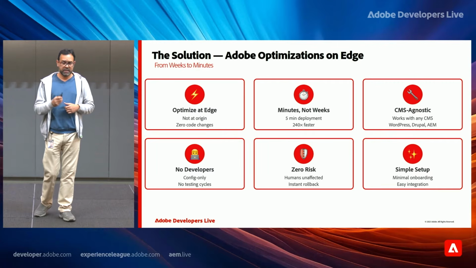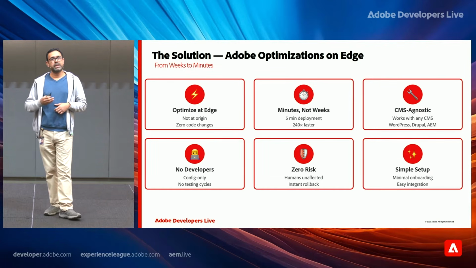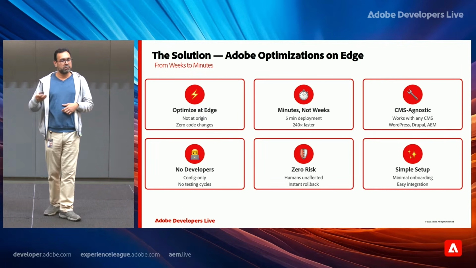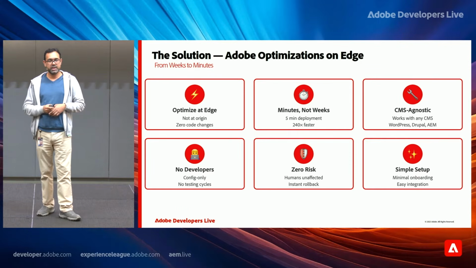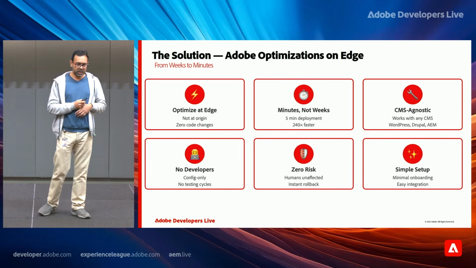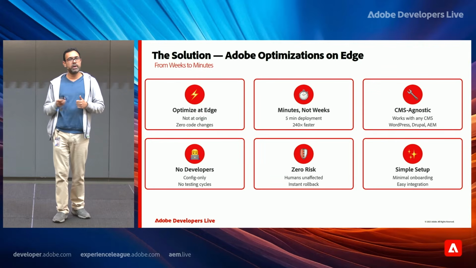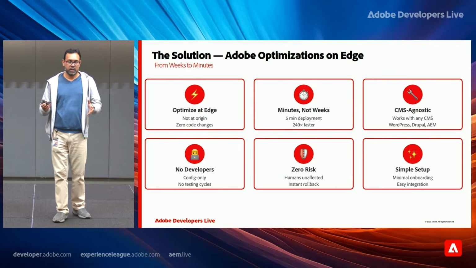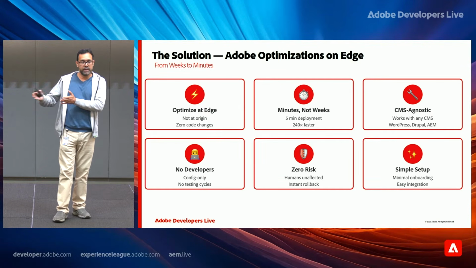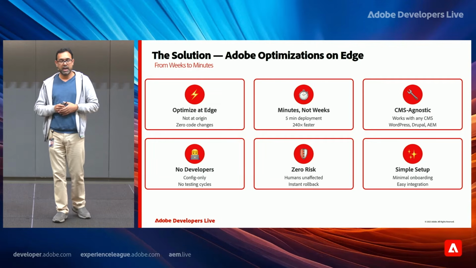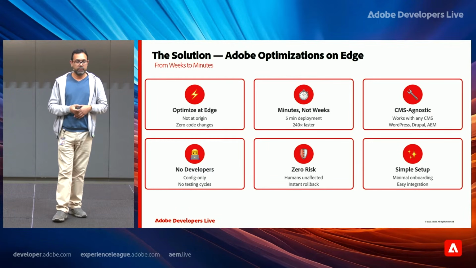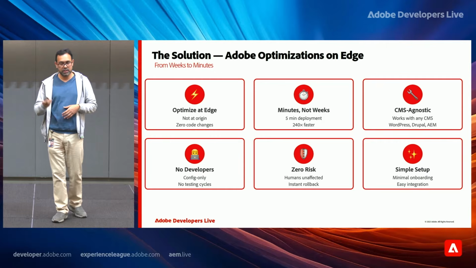And the third is CMS agnostic. So it works with any CMS, AEM or WordPress or any custom stack you have. Then the fourth is no deployment, no testing is required. It can be done outside your code pipeline. Then the fifth is zero risk.